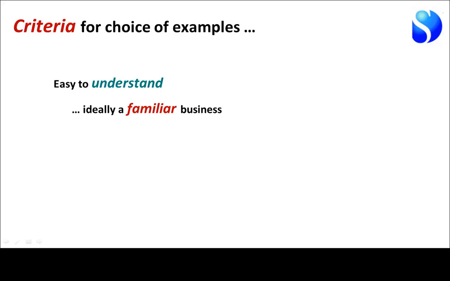So the examples that I use, particularly in undergraduate settings, are things like restaurants and airlines, because everyone, even mid-teenagers, the average 15-year-old, has got a pretty good idea of what happens in a restaurant. They've got a pretty good idea of what it's like to fly on an airline and what has to happen for them to get that flight.